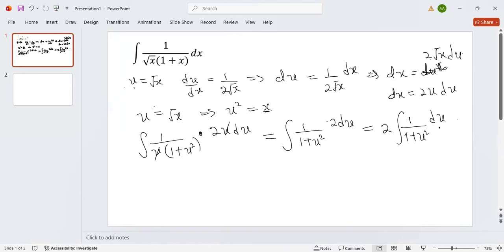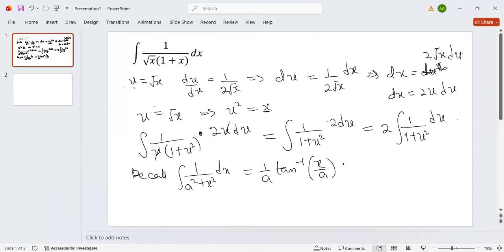Now, interesting. What can we do? There is a theorem that we can apply in this case. If you recall, the integral of 1 over a squared plus x squared dx is equal to 1 over a arctan of x over a plus c. If you look at this, you see that it is similar.